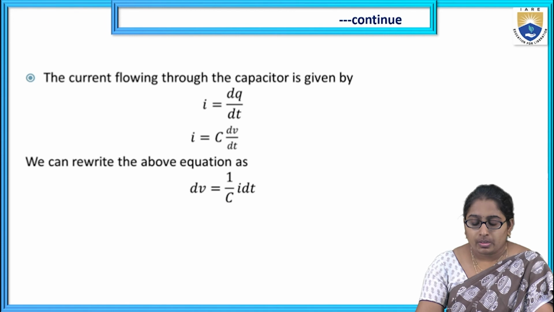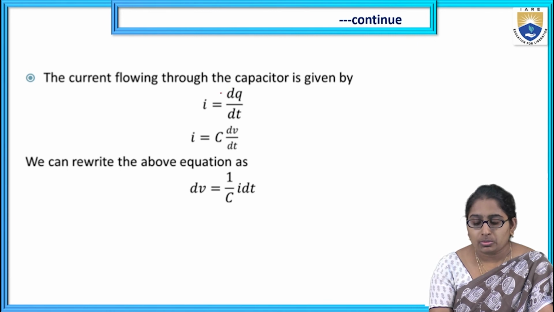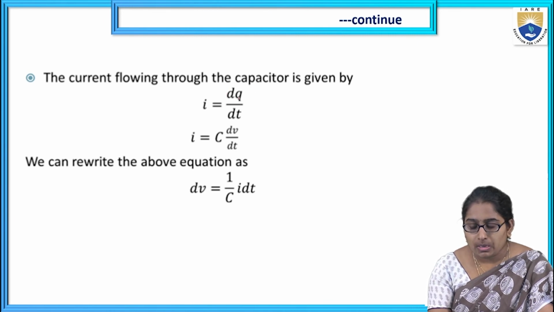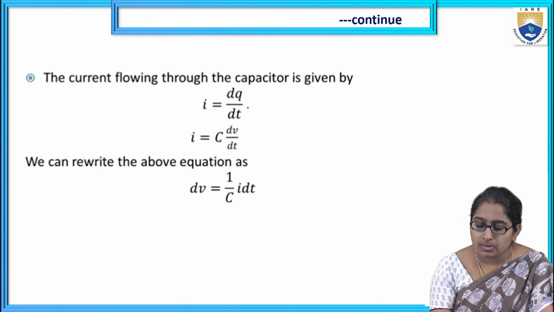So now to get the VA relation, from the current definition, the current flowing through the capacitor is given, in terms of charge, by dq by dt. So what is the charge, from the previous slide?